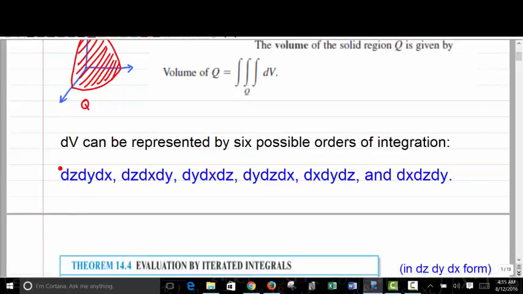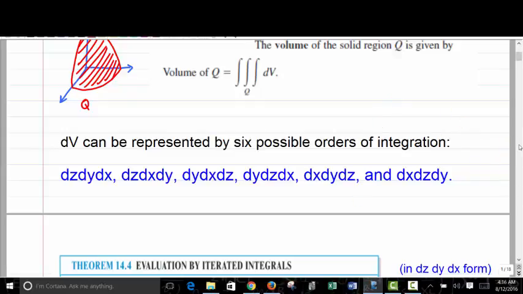You can read these. dz dy dx is very commonly used. So is dz dx dy. I never asked to do 6 orders. And there are some problems that would be extremely difficult to come up with all 6 orders without seeing the region. But some are not that bad.